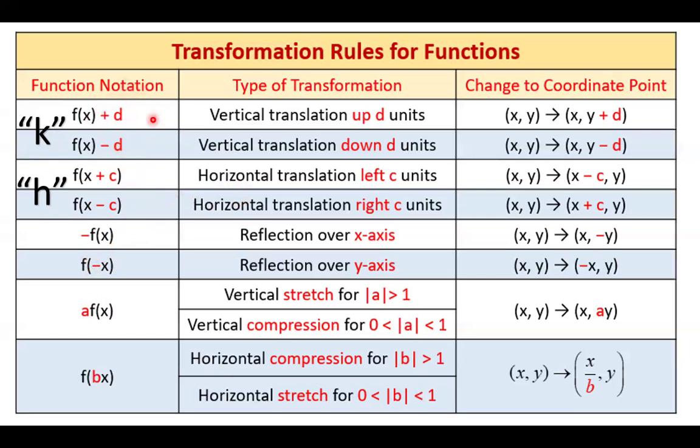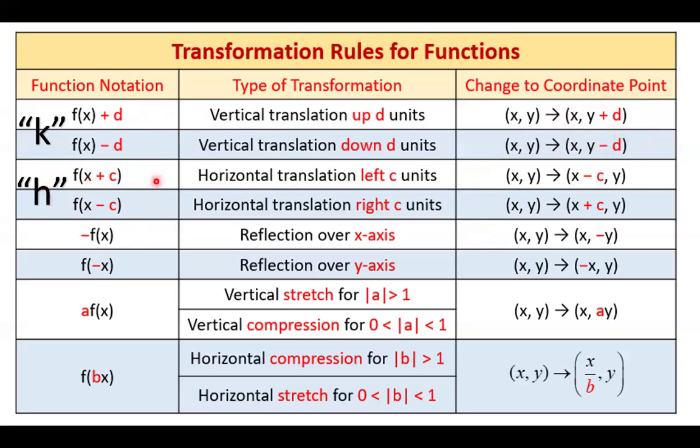Remember that our first translations were our vertical translations, and what causes us to go up and down. Next is how does that affect our coordinate? That means that we're adding or subtracting to our y, correct?